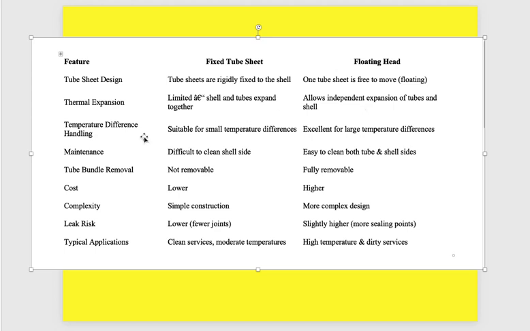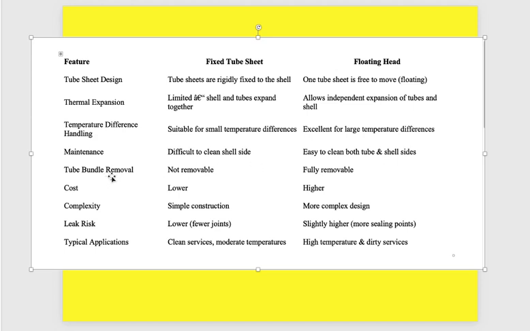Temperature difference. The fixed tube sheet is suitable for small temperature difference, but the floating head is excellent for large temperature difference. For the maintenance, here the floating head is easy to clean, both tube and shell. Here it is a little bit difficult.